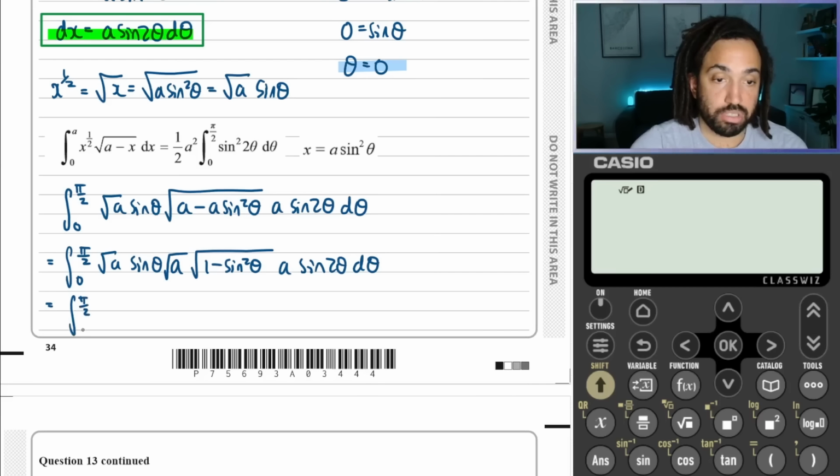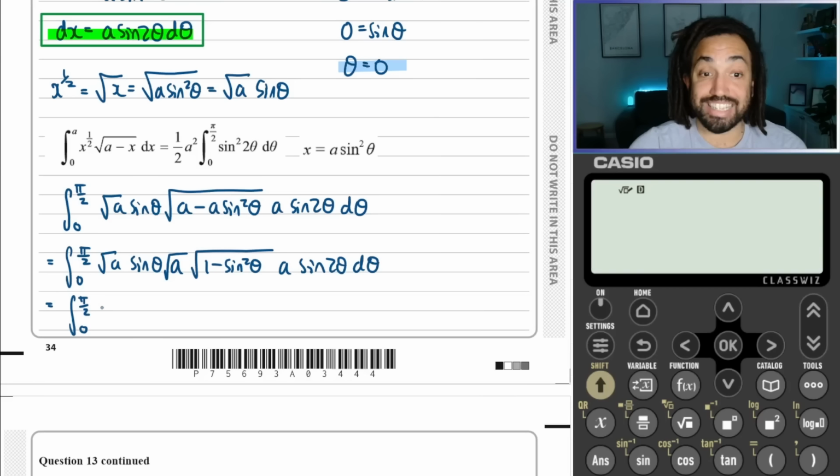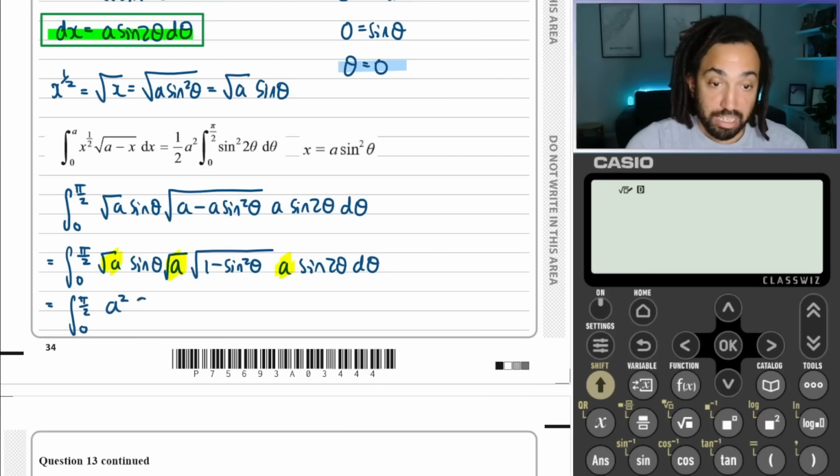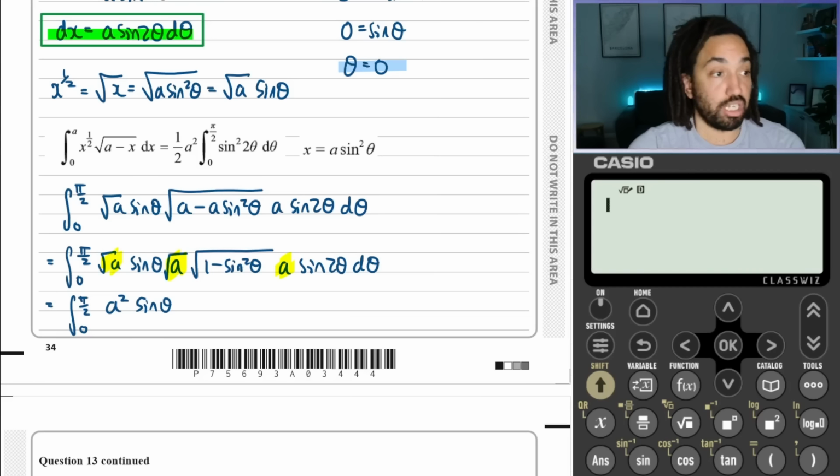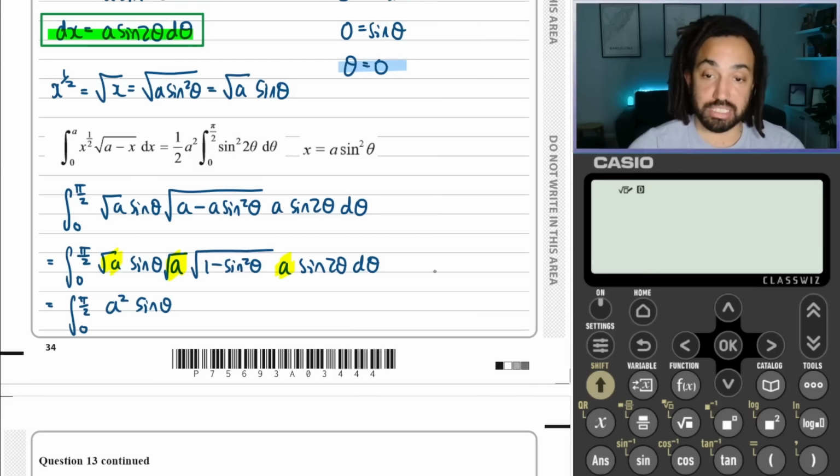Okay, so pi over 2 and 0, and then I think we're good to go here, because what's this times by an A? Well, root A times root A is A, times by another A is A squared. We have sine theta here, and then 1 minus sine squared, as we should know from our identities.